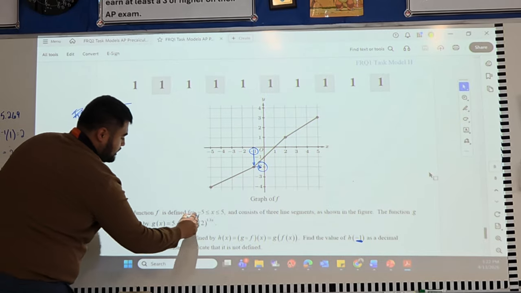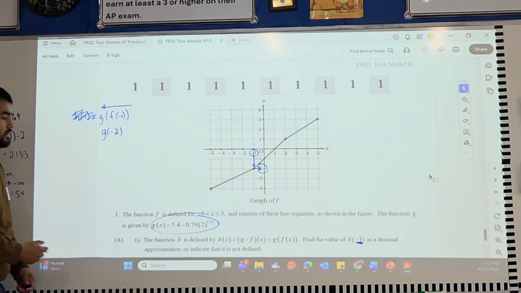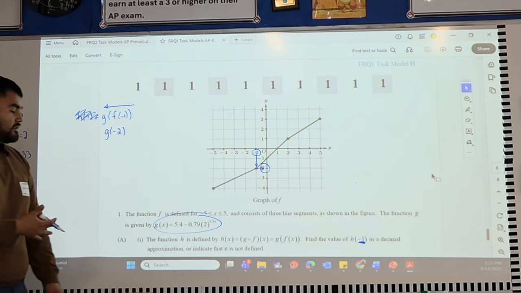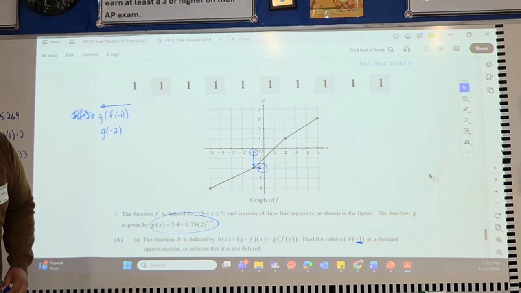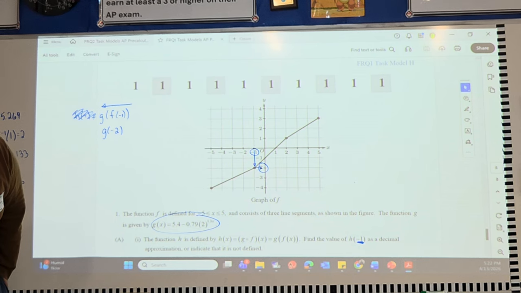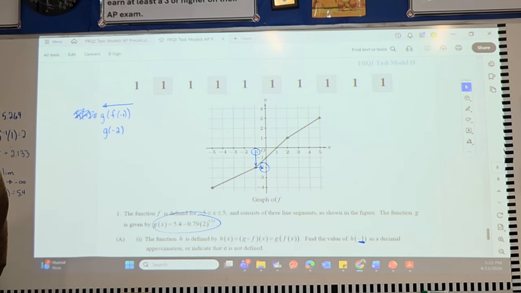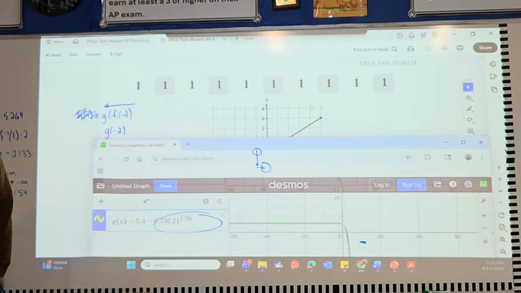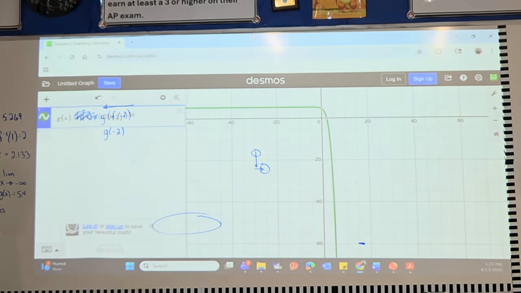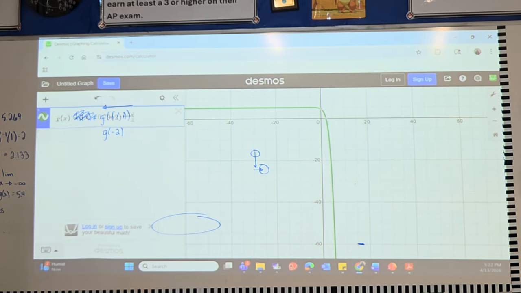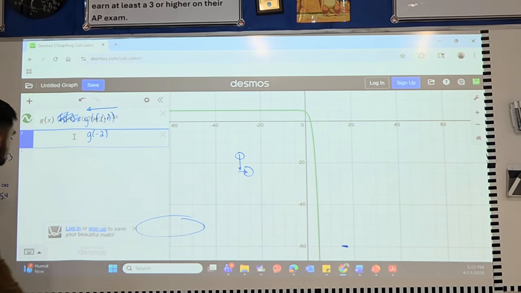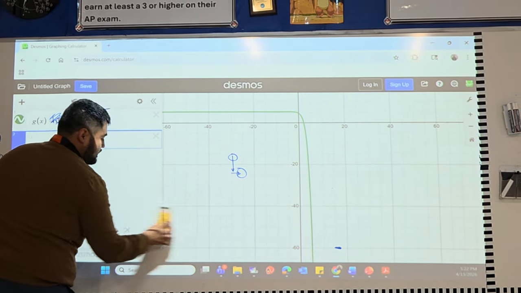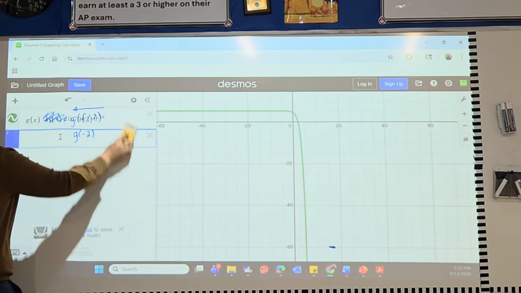So what we have to do is go to Desmos and just graph it. Take your equation, and once you do that, let me erase this so it won't look so hideous.